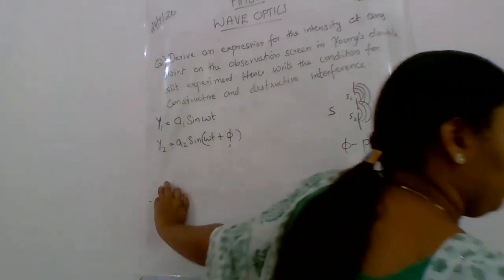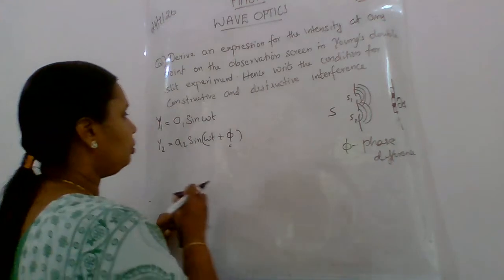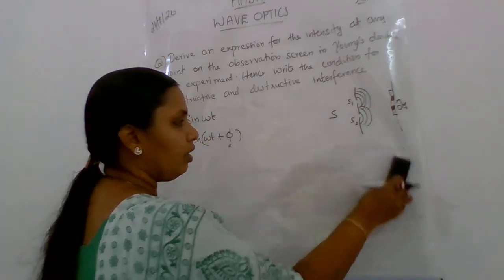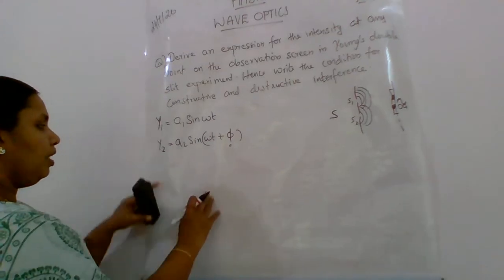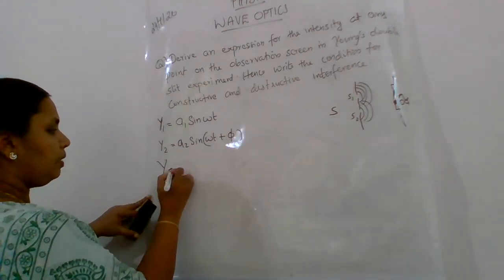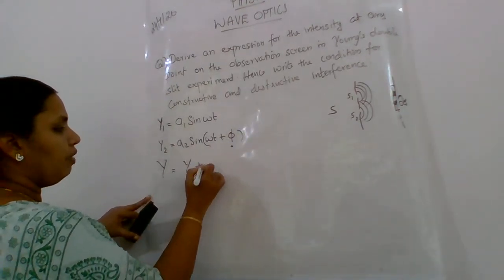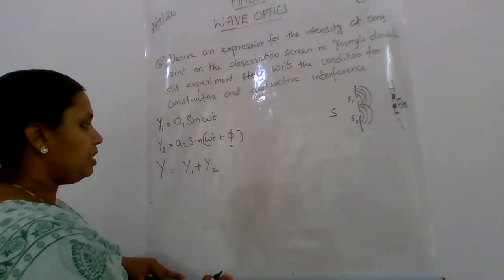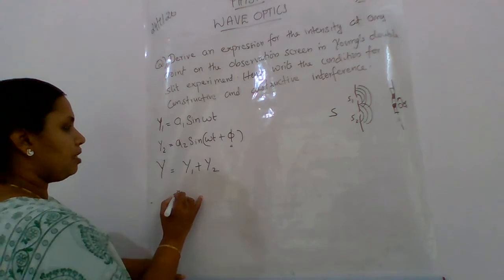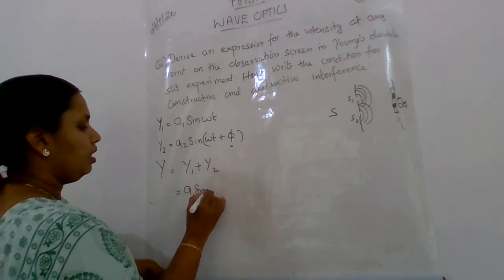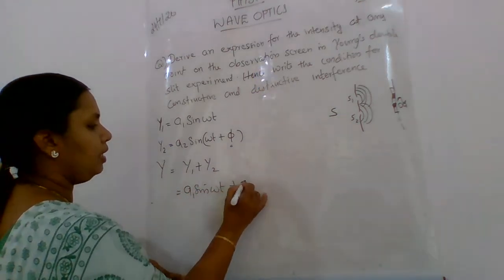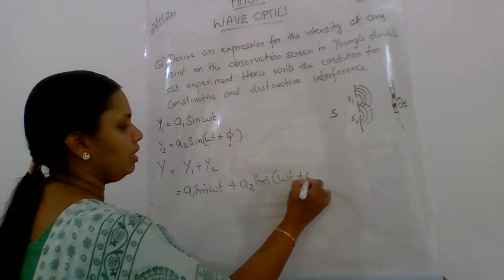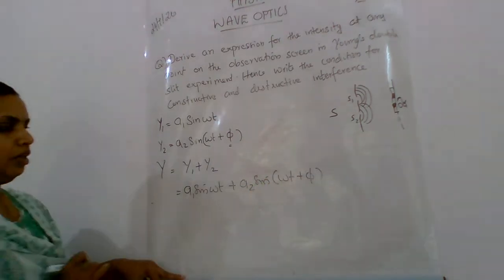They are superposing on the path. According to the principle of superposition, the resultant displacement y is equal to y1 plus y2. We substitute: a1 sine omega t plus a2 sine(omega t plus phi).